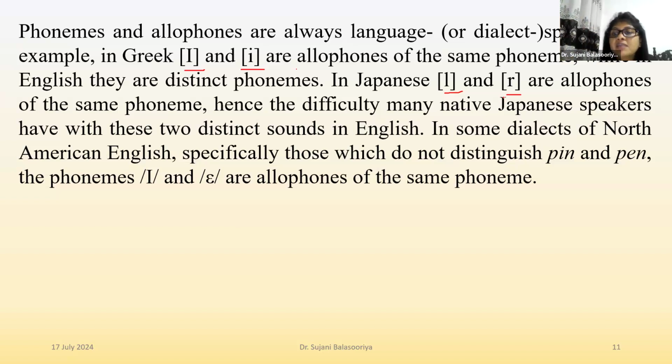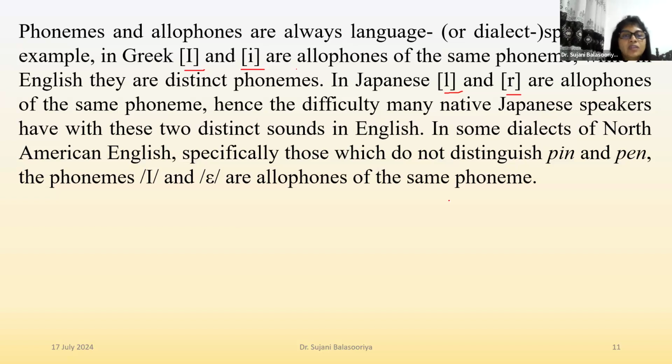And in some dialects of North American English, specifically those which do not distinguish pin and pen, the phonemes E and A are allophones of the same phoneme. So they are not only in languages, in certain dialects also, these differences can be seen.